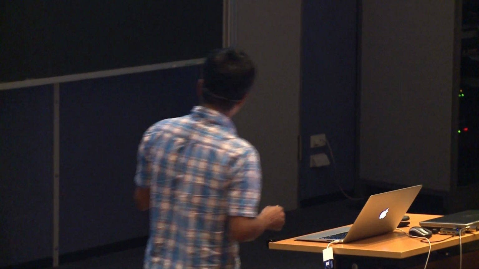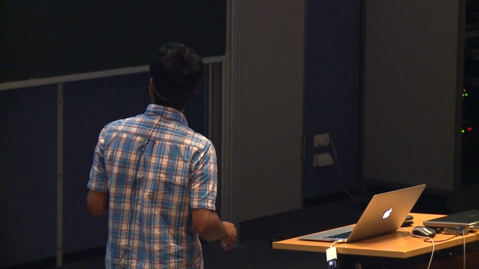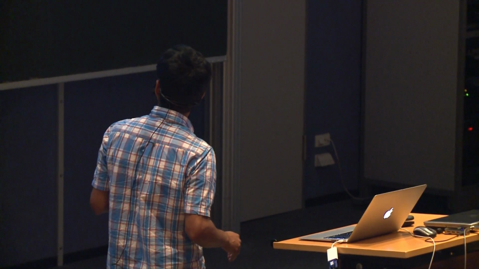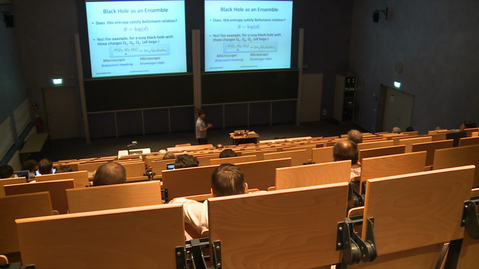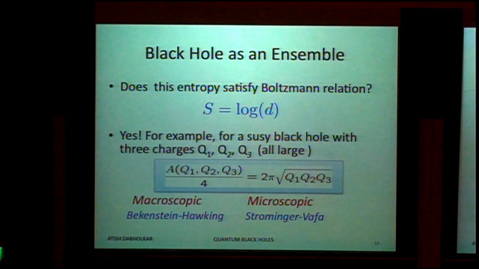But most of this work was done for large area black holes or large charged black holes. So, let us push on, but before we go there, I just want to tell you an example. This is the famous work of Strominger and Vafa in the mid-90s.